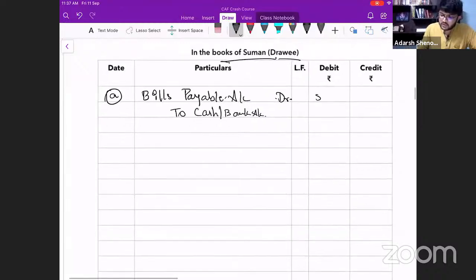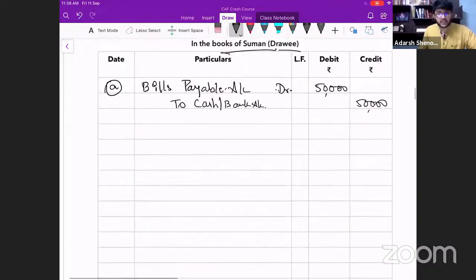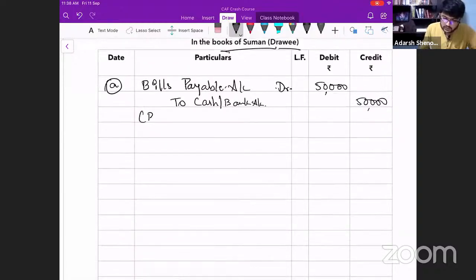So what is the amount? 50,000. I have paid the cash. So the asset goes down. So that is why cash is to be credited, because the asset is going down. Being bill honored on the due date. Can I go to the next case?